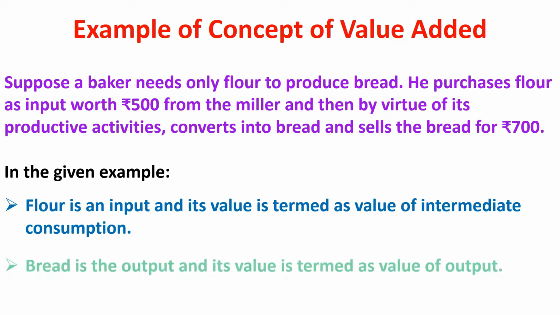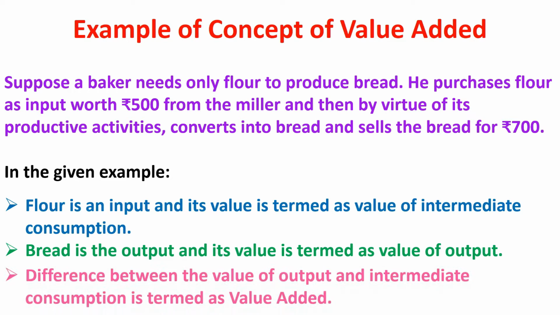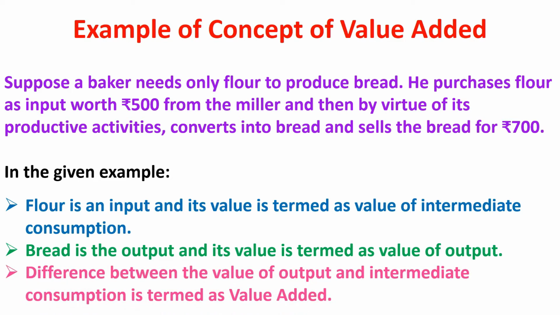Bread is the output and its value of Rs 700 is termed as value of output. Difference between the value of output and intermediate consumption is termed as value added. It means that the baker has added a value of Rs 200 to the flow of final goods and services. This is known as gross value added at market price by the baker.